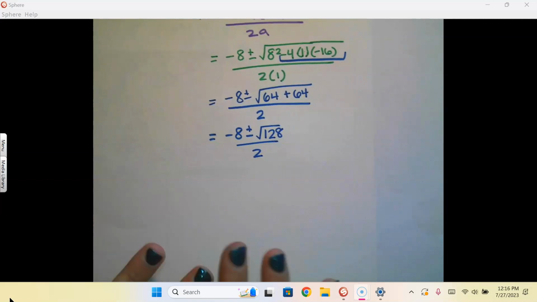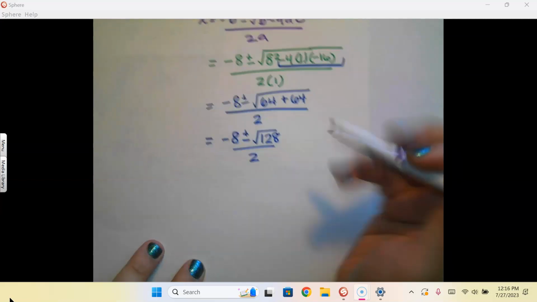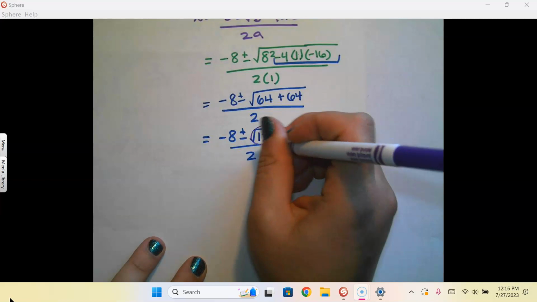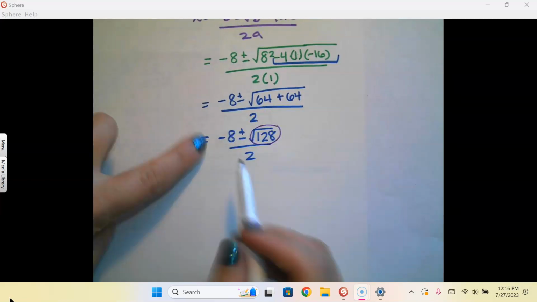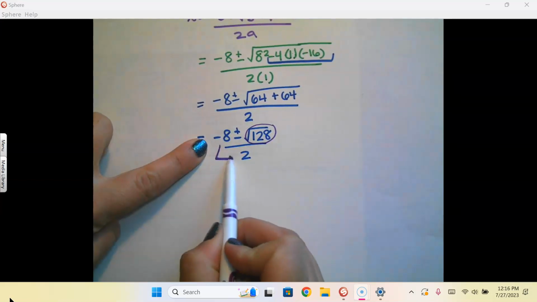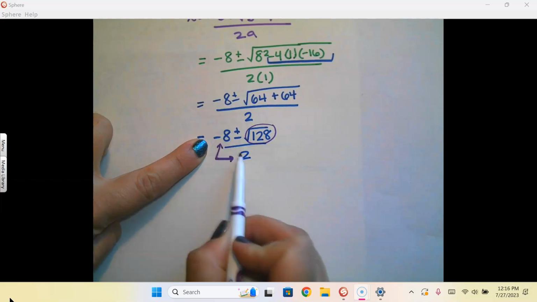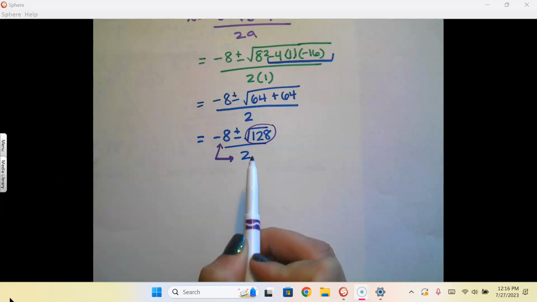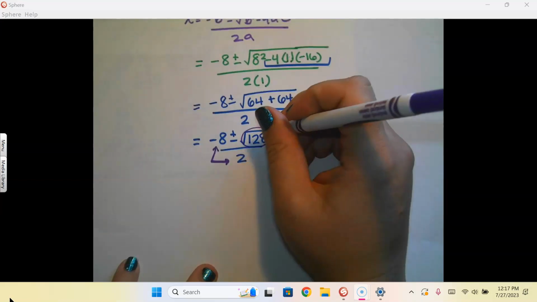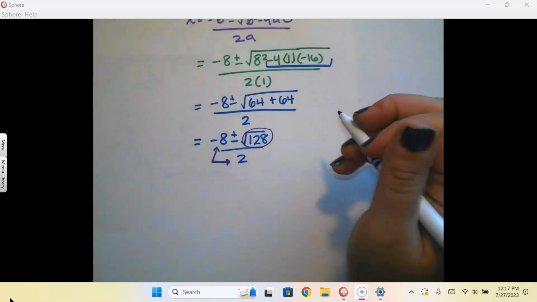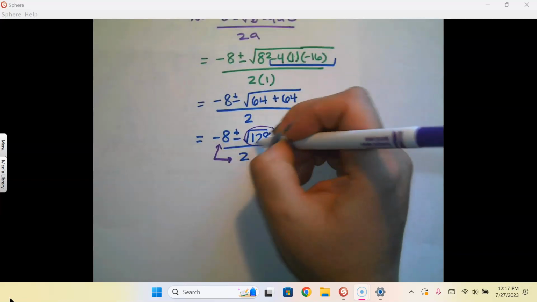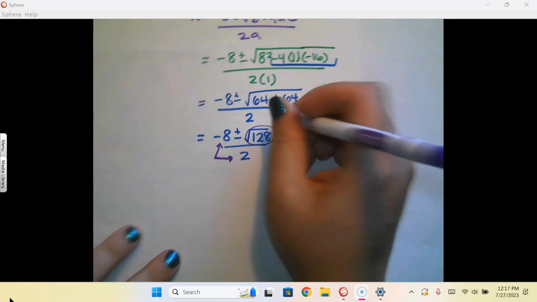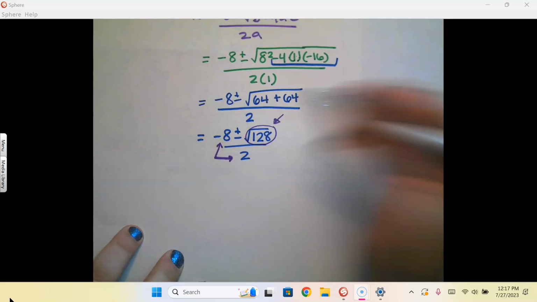So when we're done with simplifying the quadratic formula, the next thing we do is simplify the radical. This is like the number 1 mistake I see on students' tests. We do not simplify this 8 and this negative 8 and 2. You cannot do that until the radical is simplified, and then there has to be a number that goes into this number here, and this number. So we have to do this first. Very important.